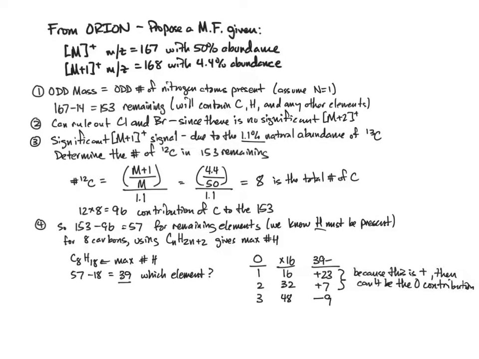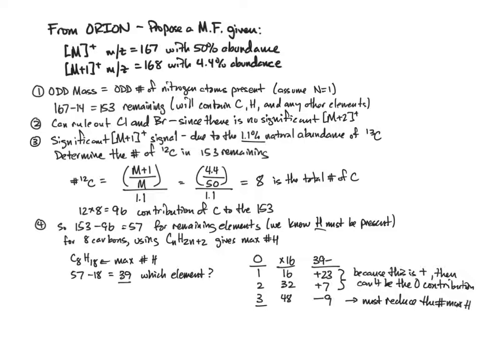And so what we can basically assume now is that there's 3 oxygens. They contribute 48. Because this sign has inverted, we must reduce the number of max hydrogens, is a way to think about it.